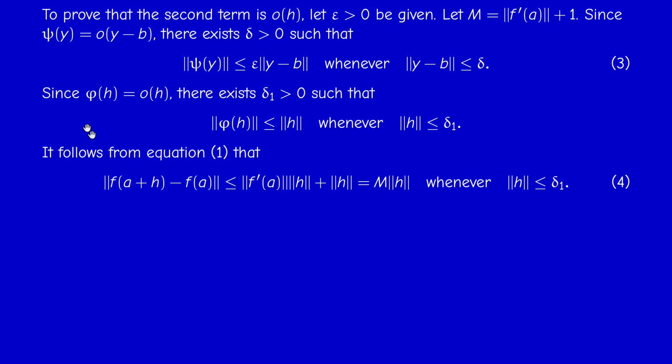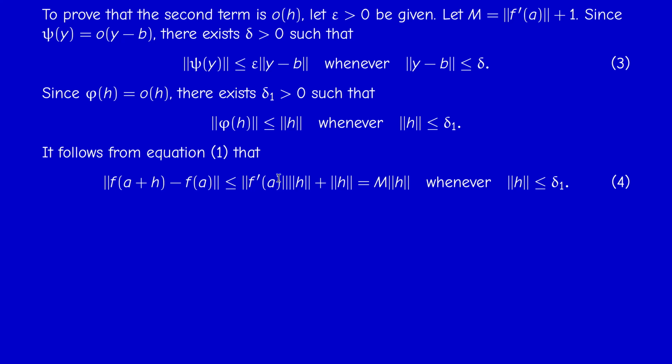And now if I go back to equation 1, which was just the condition of differentiability of f at a, and take the norm of each side, the left-hand side was just f of a plus h minus f of a, and the right-hand side was f prime a evaluated at h plus phi of h.